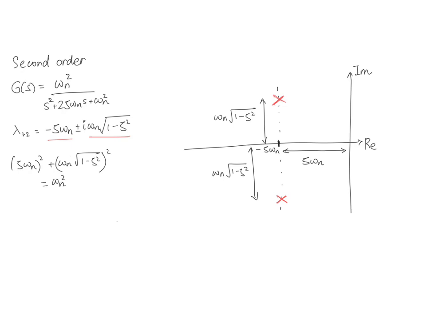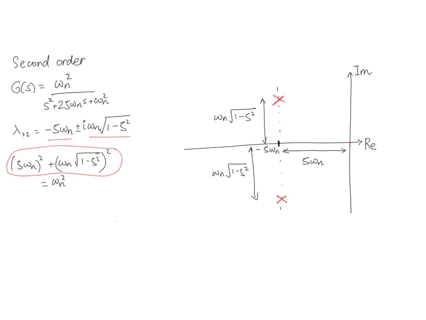But remember from your complex numbers basics class that this is nothing more than the magnitude of the complex number. Which means that if I wanted to plot this on the diagram over here, this is nothing more than the distance from the origin. So this is my origin over here.